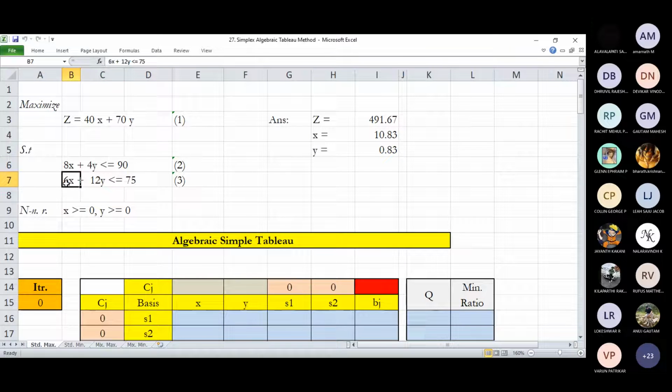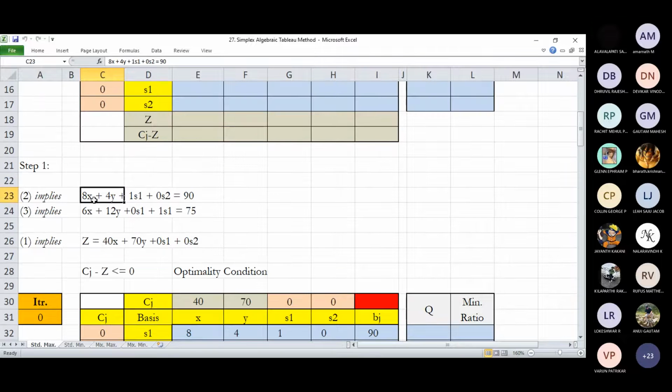And in equation number 3, in order to convert the less than or equal to symbol into equals to, we'll add another slack variable called S2. So that is what is given: 8x plus 4y plus 1S1 plus 0S2 equals 90, and 6x plus 12y plus 0S1 plus 1S2 equals 75.